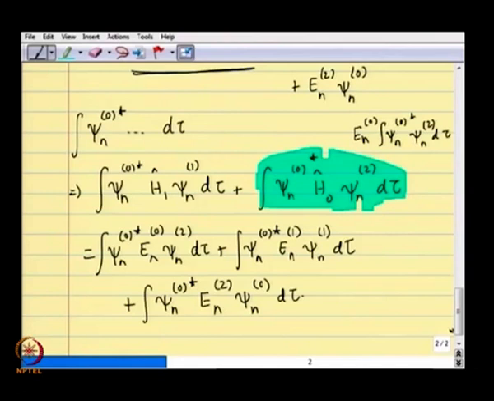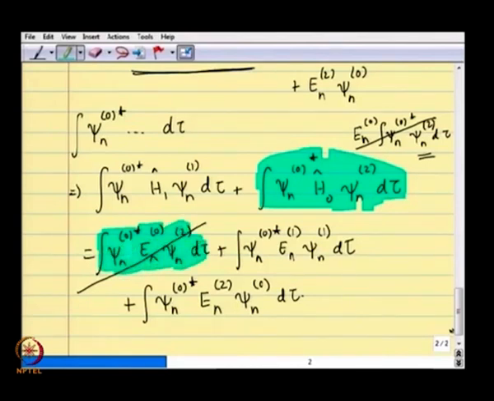No matter what the psi n 2 is, whether this integral is 0 or not, we can right away cancel this term with the corresponding term that you have here, namely the psi n 0 star E n 0 psi n 2 d tau. So, they are both gone, cancelled by that.